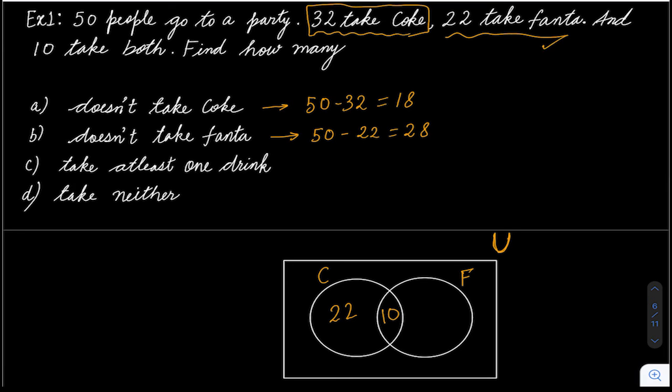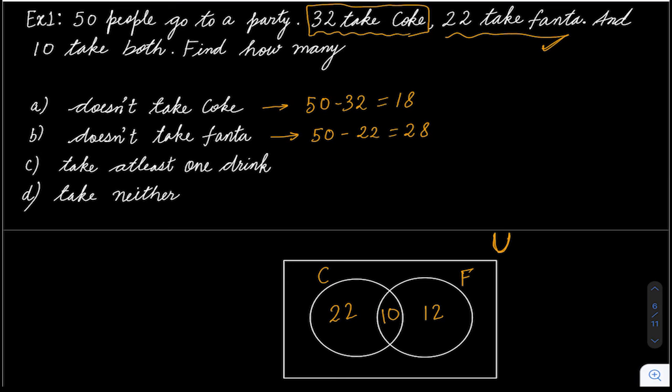And similarly, if total people drinking Fanta are 22, and 10 are common, then obviously the remaining part is 12. Okay. So this is how we use the given information and convert it into a Venn diagram and write the values.